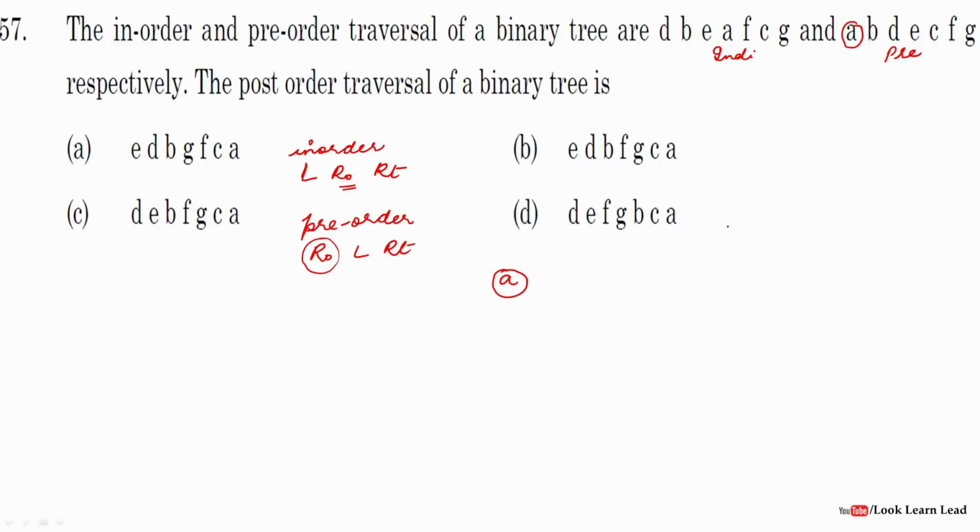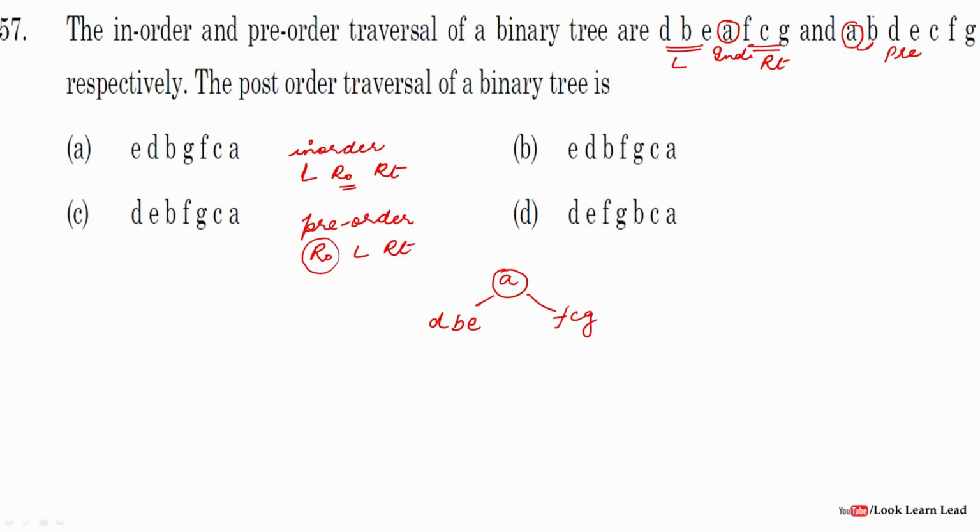So in in-order traversal, A is over here. So this part would form the left part of the tree and this part would form the right part of the tree, because in in-order, root would be in the center. So here we would be having D, B, E, and here we would be having F, C and G. Now we would again go to the in-order.